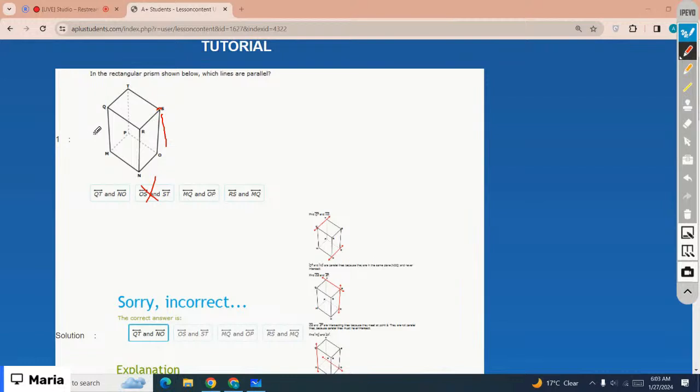The next one is MQ and OP. Here is MQ and here is OP. No, they are not parallel, right? Then you have RS and MQ. RS this one and MQ this one. They are also not parallel lines, right? So the correct option is QT and NO, right?